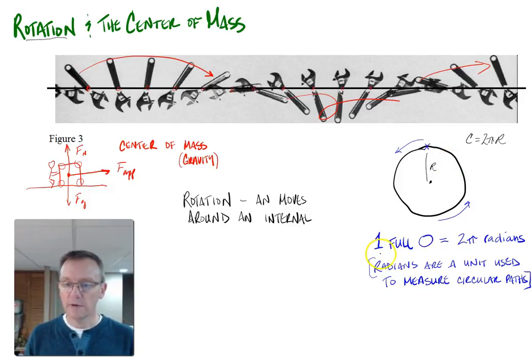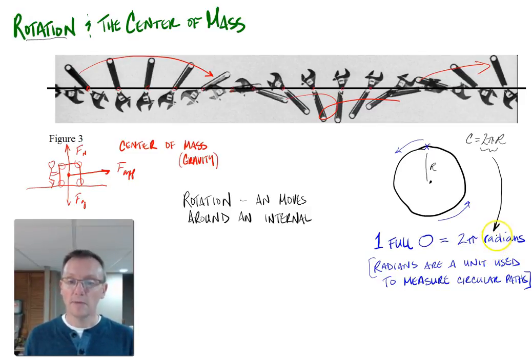So one thing that's important to remember is that this 2 pi section right there is actually how we define our special units for reporting how much of a circle you've moved through. And that special unit is radians, which I've warned you about in the past because many graphing calculators are preset for this as the default. This, believe it or not, is the one unit in which you can use radians.